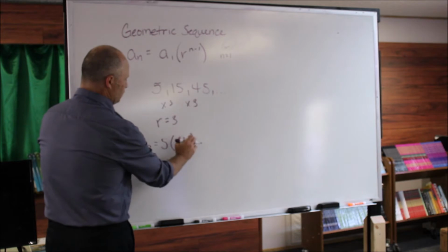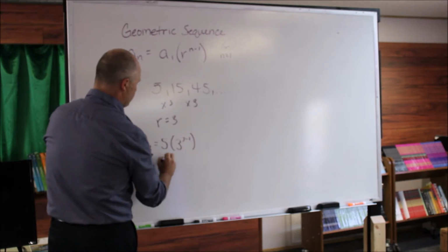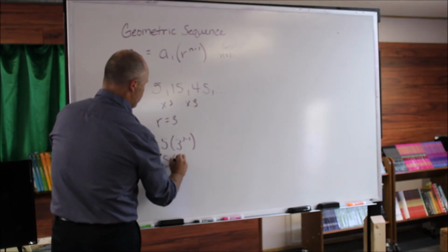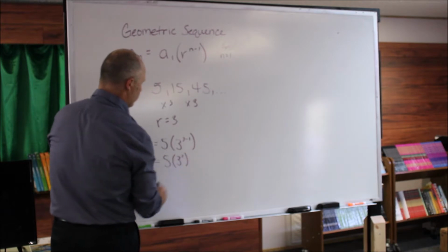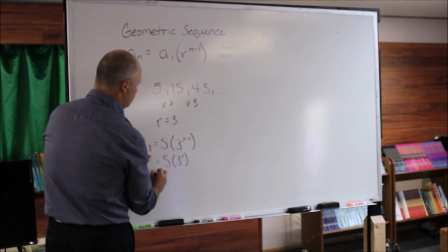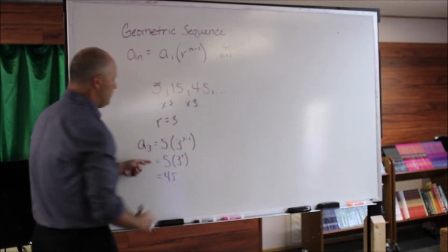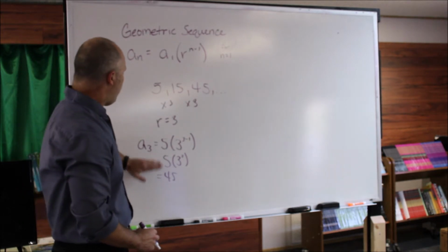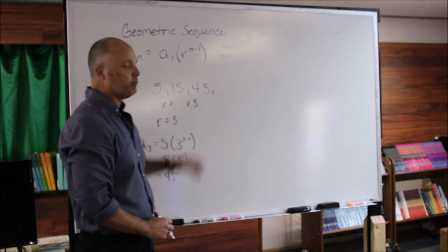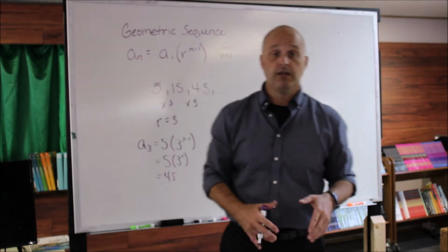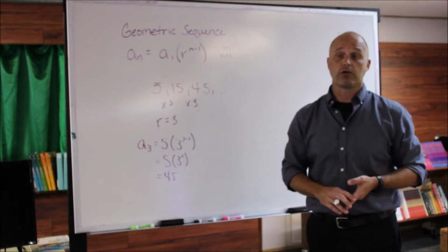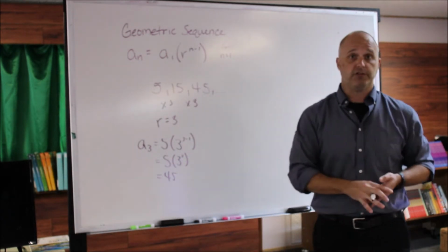Let's simplify what's inside the parentheses. So 5 times 3 squared. 3 squared is 9, times 5 is 45. You can see that this matches up. Our third term in the sequence is 45, so we know that our explicit formula does in fact work for this geometric sequence.